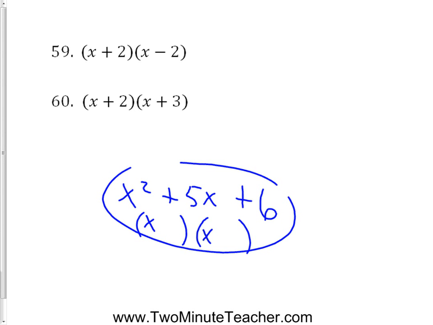Well, I could either use 6 times 1, or I could use 2 times 3. And you think to yourself, these numbers will multiply to 6 and add to 5. Okay, so what multiplies to 6 and adds to 5? 3 times 2 does. All right. So I know that I did it right because when I factored it out, I got the same problem I had in the first place.